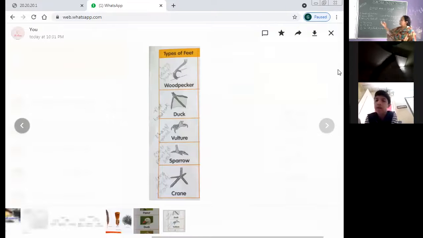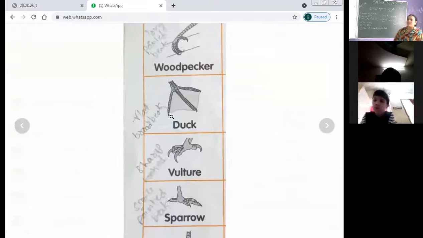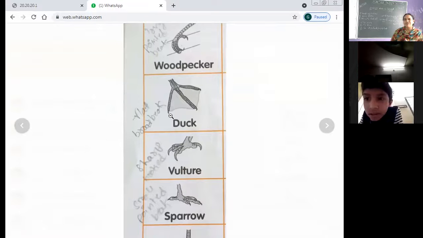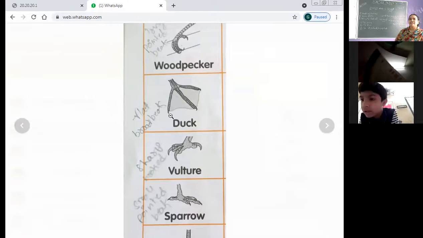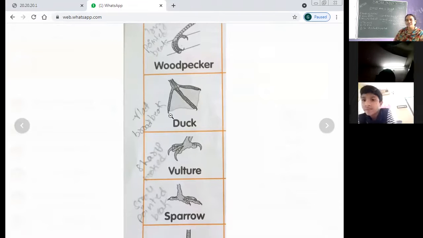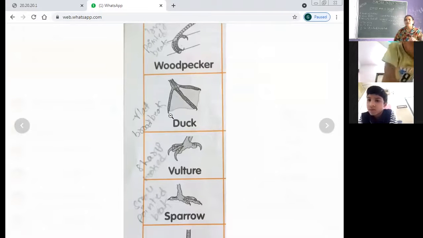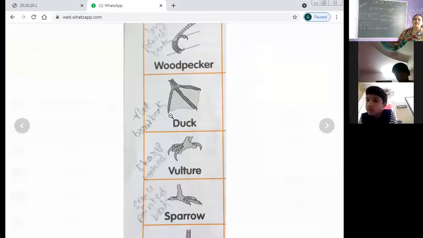What is the second picture? We are discussing the second picture. The feet are webbed in structure, meaning they have connection with one another. The duck: how do the webbed feet help the duck? They help in swimming and pushing back the water.